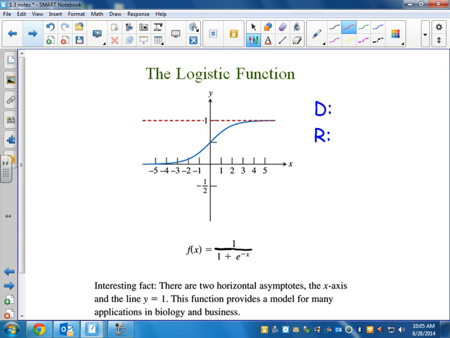The carrying capacity. So when they talk about population growth, it's always in this logistic growth model because of the carrying capacity. The domain is negative infinity to infinity. But the range is between 0 and 1.